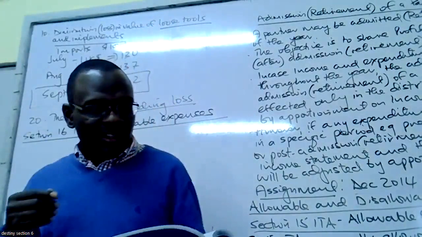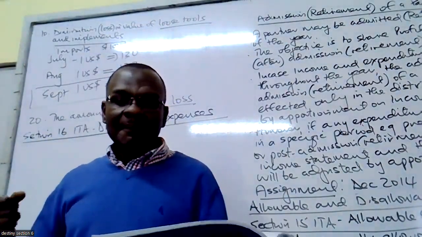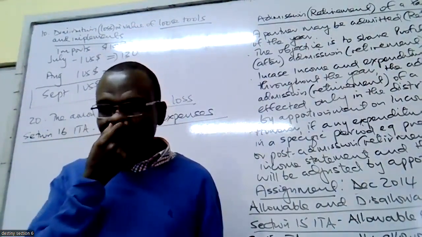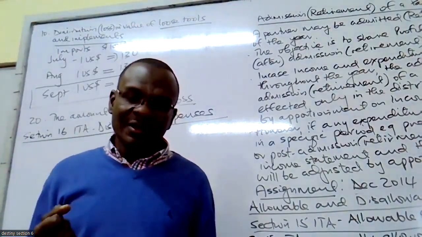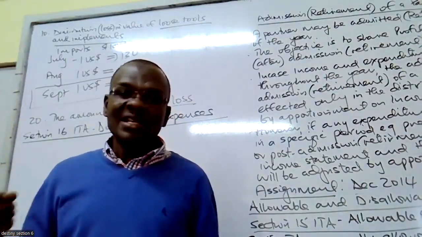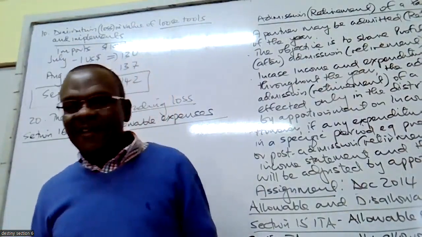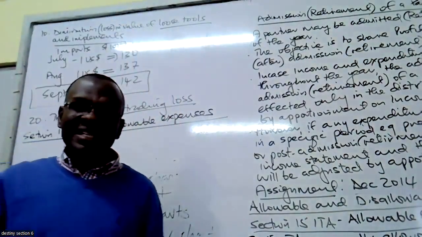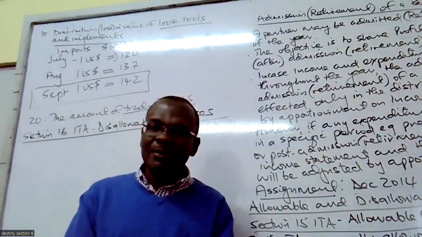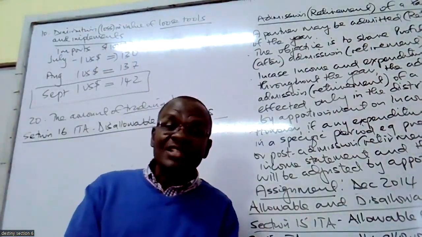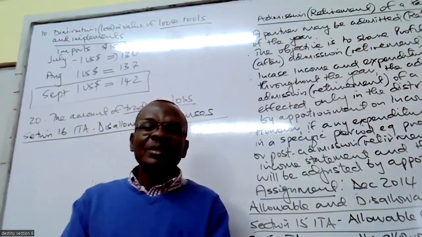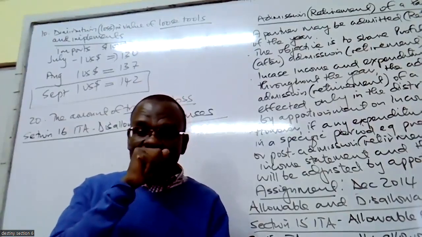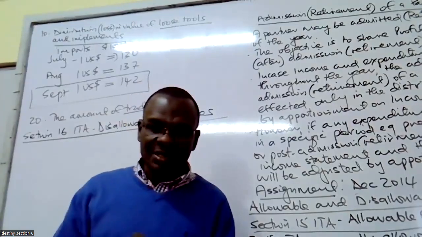Then lastly, the amount of expenditure in the production of income by a non-resident person. Non-residents are not allowed to claim any expenses because their incomes are taxable under very specific withholding tax rates. For example, if a non-resident has rental property, the withholding tax rate is 30% without deducting expenses.